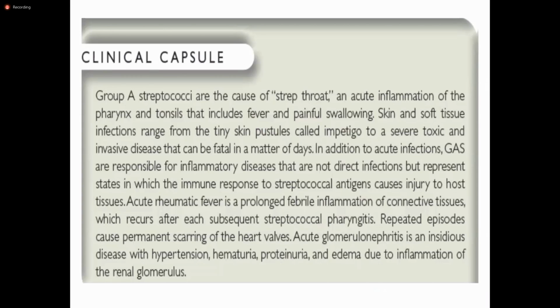Clinical capsule: group A streptococci can cause what we call strep throat, يعني التهاب البلعوم، اوكي، التهاب البلعوم او الحلق. Sometimes it can go deeper from the pharynx to the tonsils, okay, and cause tonsillitis. If I ask you what is the most common cause of acute tonsillitis, you will say group A streptococci, beta hemolytic.